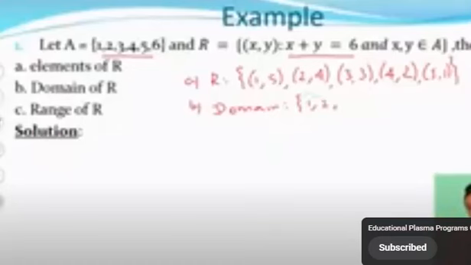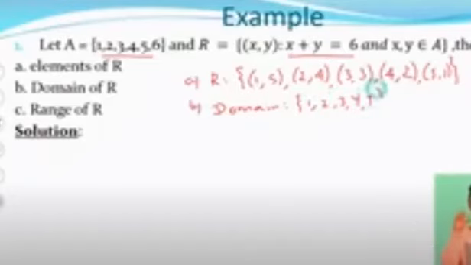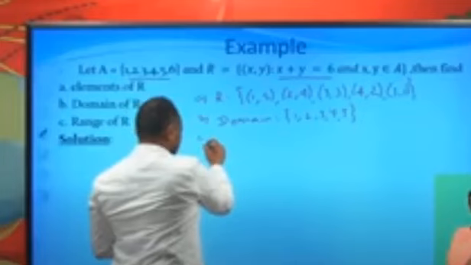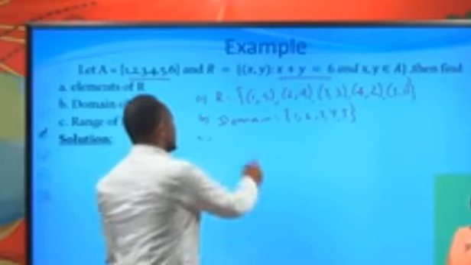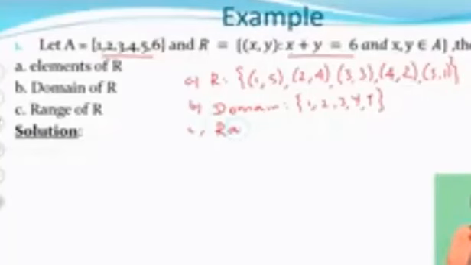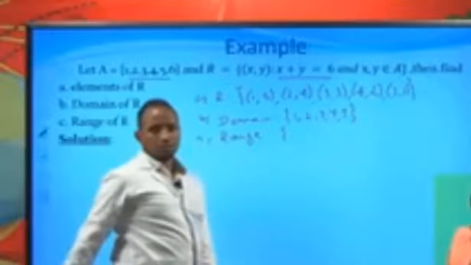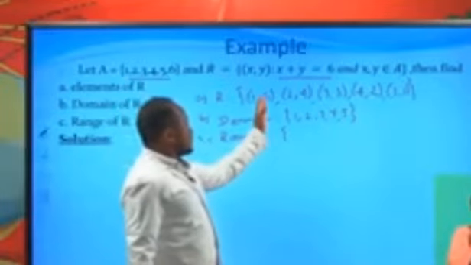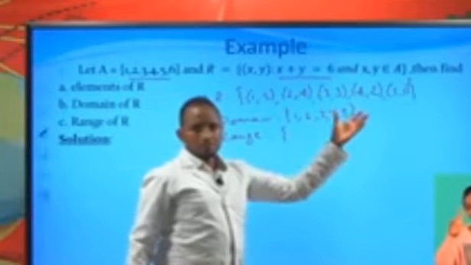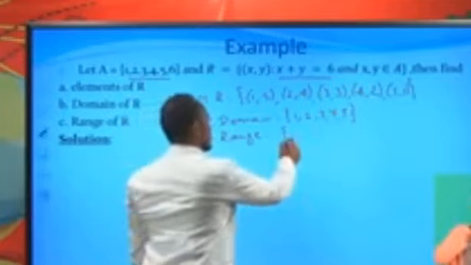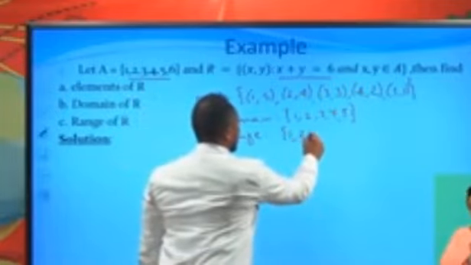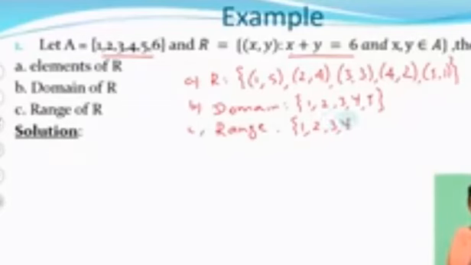And the range of R will be the set of second components: 5, 4, 3, 2, 1. That means it is 1, 2, 3, 4, and 5. Therefore, the range is also 1, 2, 3, 4, and 5.